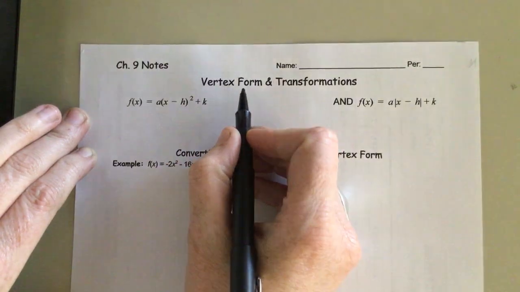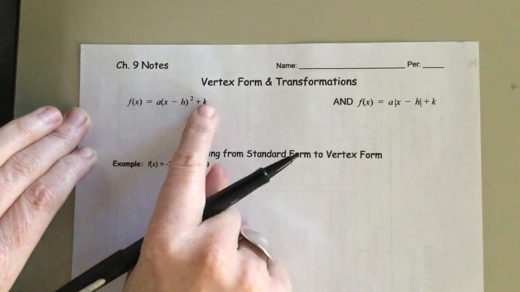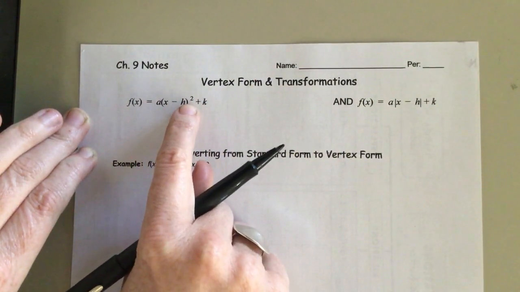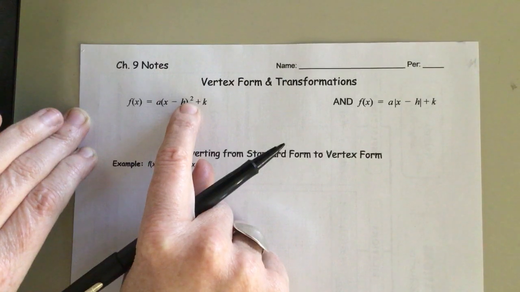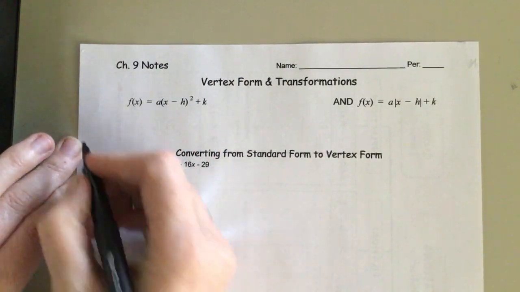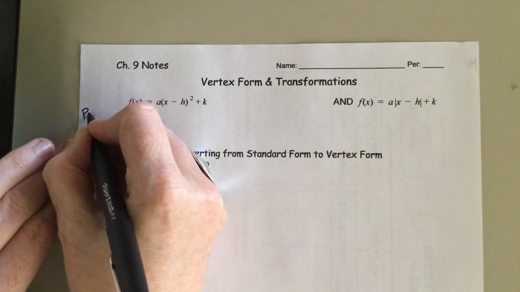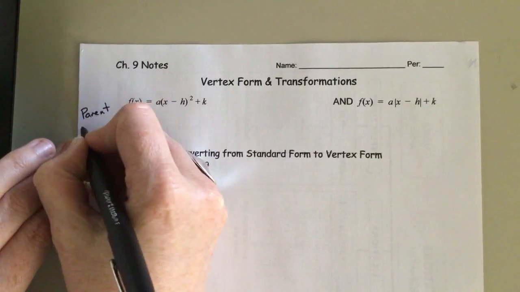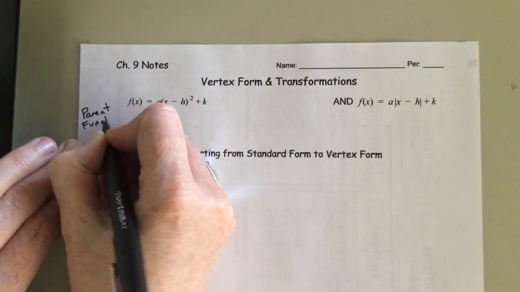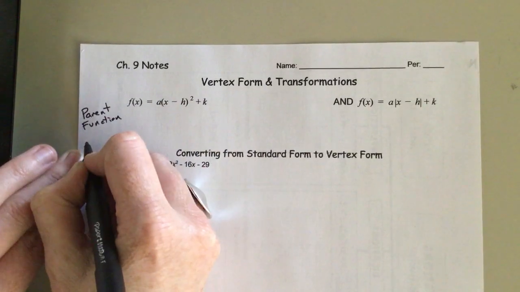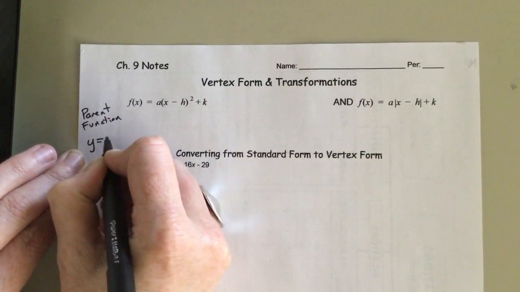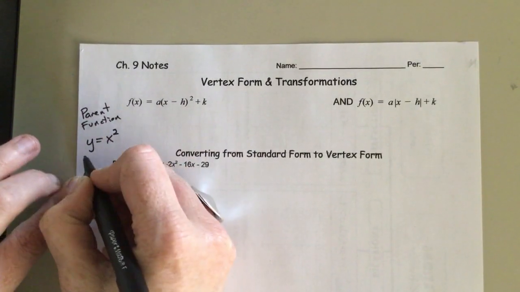So we have vertex form for a quadratic. A quadratic has the squared term right here. The parent function, I just want to make a note of our parent function again, is when you have no frills, no bells and whistles, and it's just simply y equals x squared.